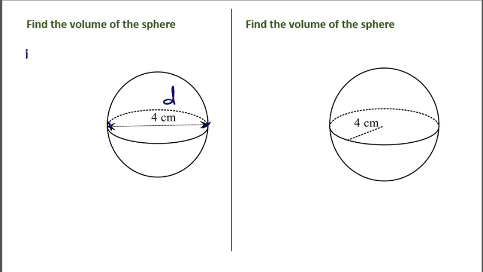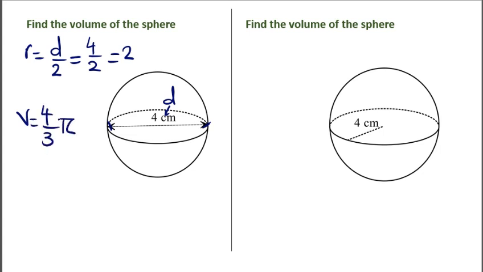So the radius will be diameter divided by 2, 4 divided by 2 will be 2. The volume will be 4 over 3 pi times r cube, 4 over 3 pi times 2 times 2 times 2.